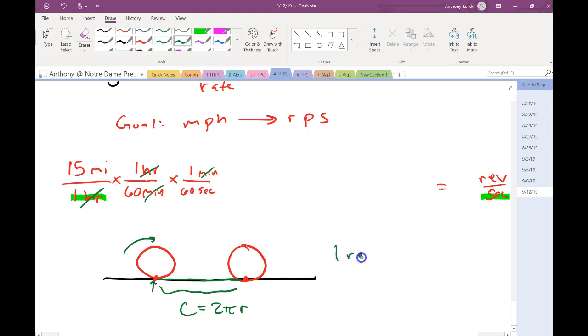So I know that 1 revolution is 1 circumference. And in our case, we're told the diameter of our tire is 18, so the radius is 9. So our circumference is going to be 18 pi. So you were close there, Allison. And the unit here is inches.